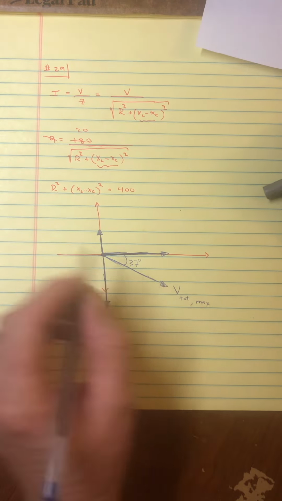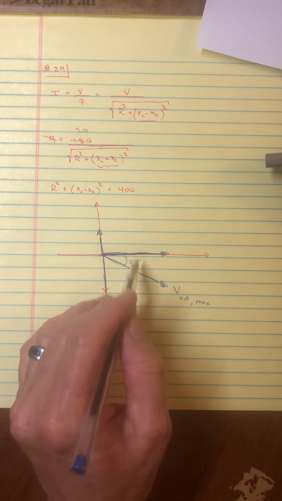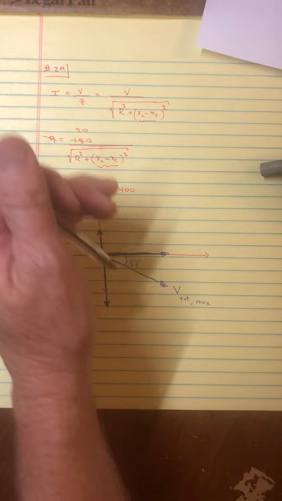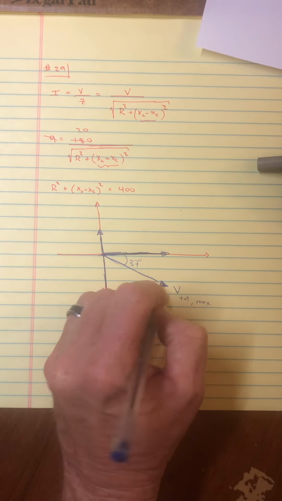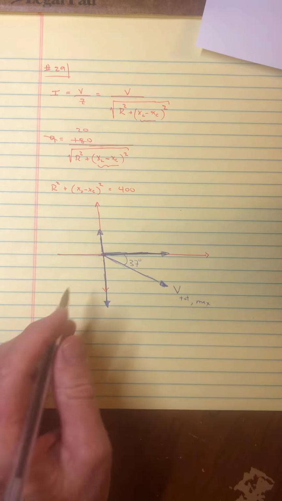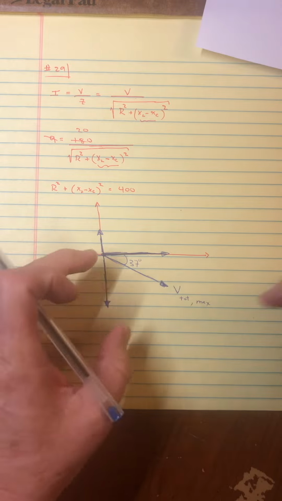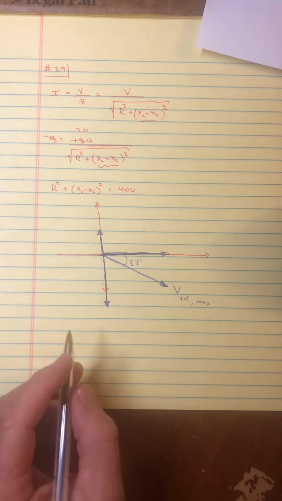And so I know in class I drew one where we had it going up into the first quadrant. So the current was lagging behind the voltage. But here, the current leads the voltage, meaning that the capacitor is stronger, or this line is bigger than the inductor.